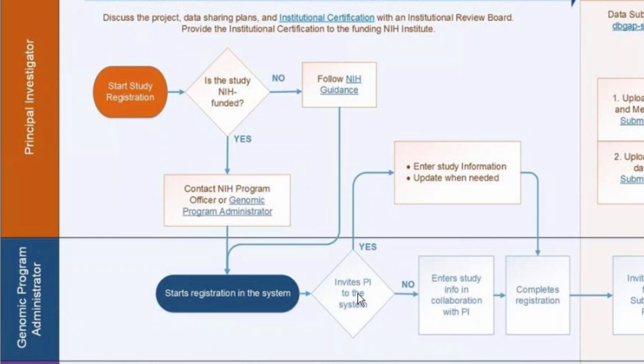Or the GPA can actually invite the PI to upload to the system. And it's an online system. It's fairly intuitive. Although that's up to debate, I guess. But so you may or may not actually work with the registration system. So I'm not going to really show that part of the process.